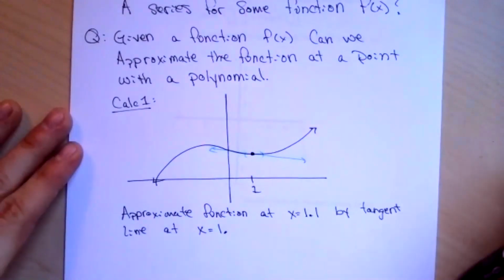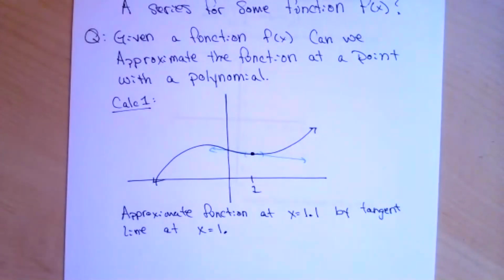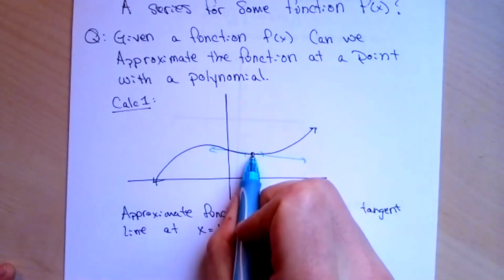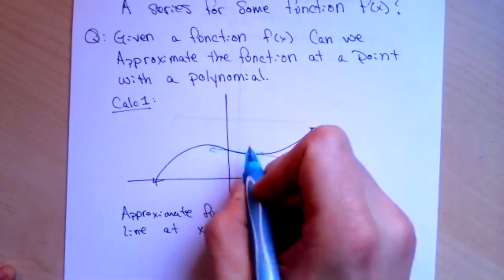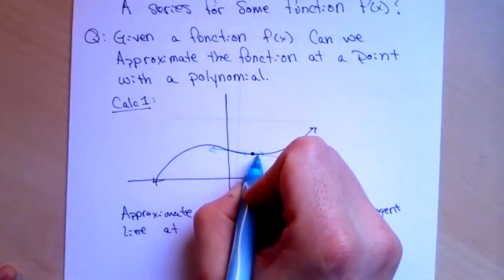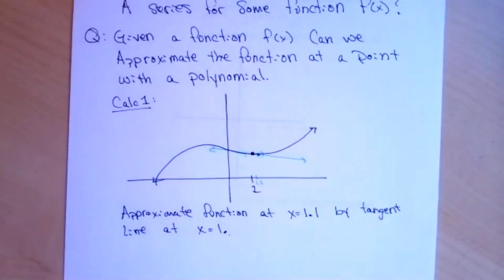And so if we want to approximate 1.1, instead of actually computing e to the 1.1 or natural log of 1.1, we could compute the value of the function at a nearby number that's easier to compute, and then just follow the tangent line. Actually compute the value of 1.1 on the tangent line. And it's not going to be precise. It's not going to give us the exact value of the function, but it'll be close, right?